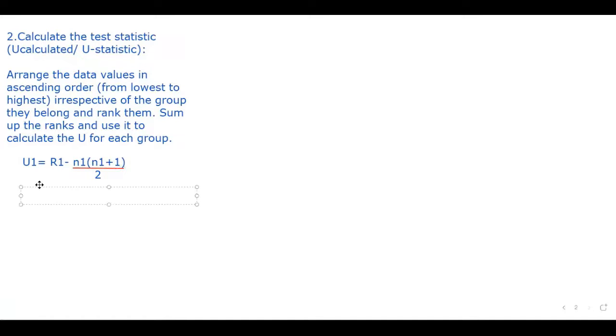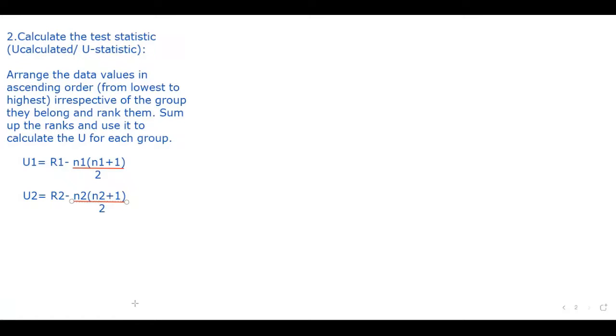So your U2 will be R2 minus N2, the sample size of the second population, times N2 plus 1, divided by 2. The 2 does not affect the R2 and the R1.